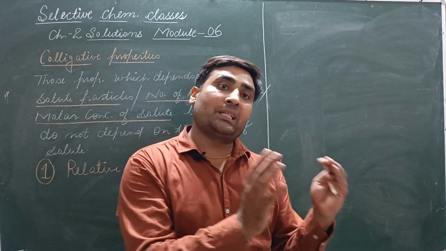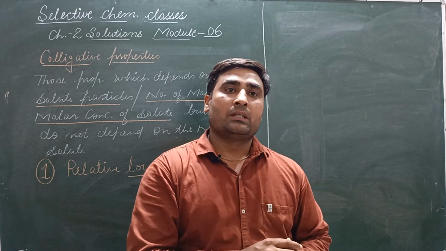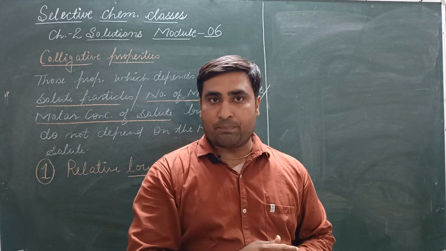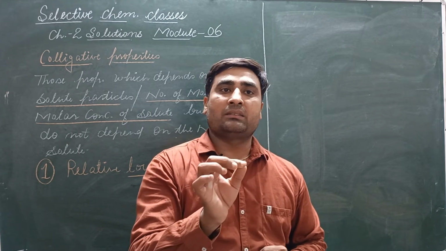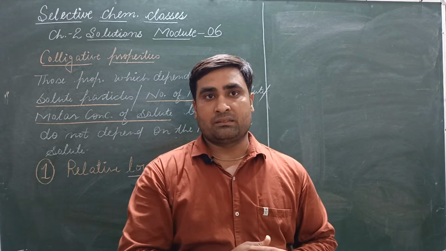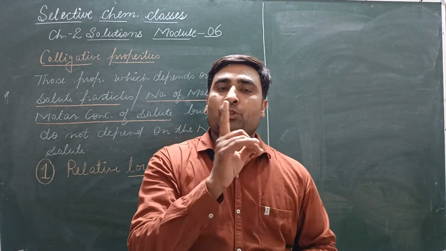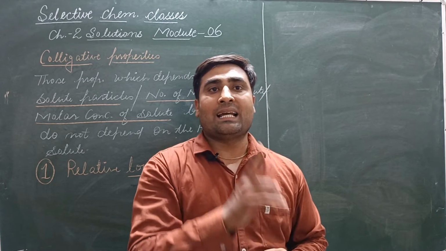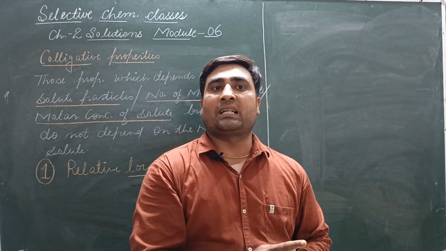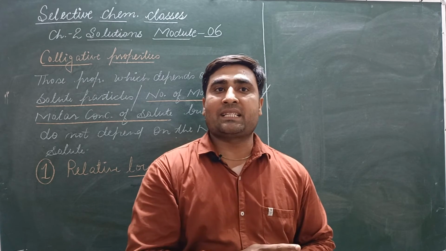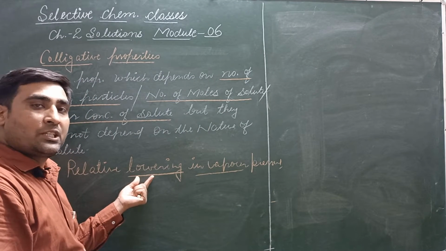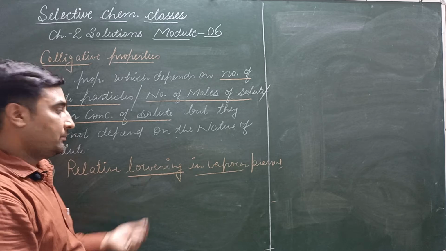But in case of a solution having a non-volatile solute, only the solvent molecules will take part in the vapor formation, but the non-volatile solute which occupies the upper space does not take part. That's why the solution having a non-volatile solute exerts less vapor pressure, and the vapor pressure will be lowered.